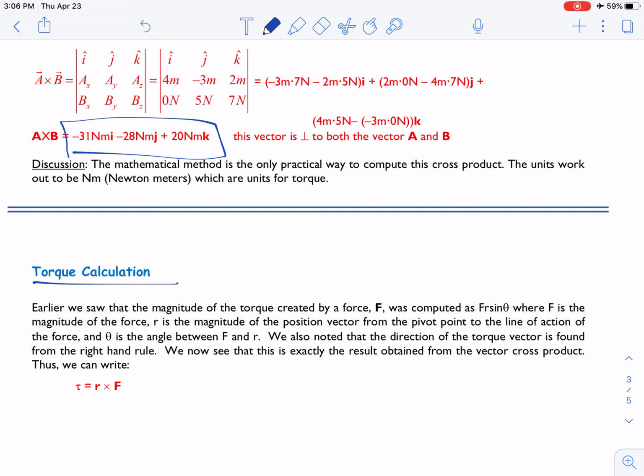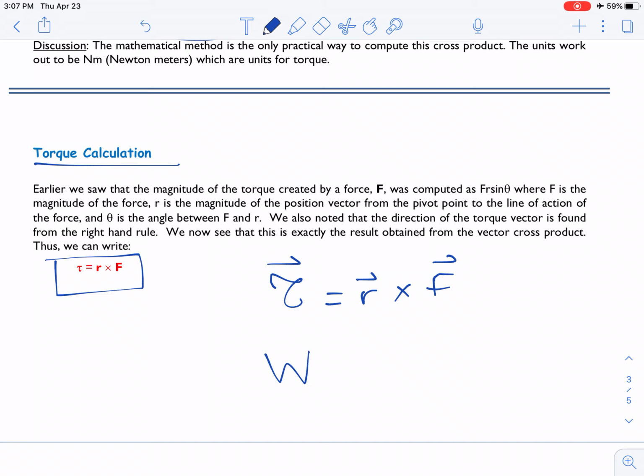Okay, and now we see that this is exactly the result obtained from the vector cross product. So we can write torque is R cross F. When I write it, I write it this way, instead of bold letters, I put the arrows on top. Okay, I want you to realize the work term was similar, but it was F dot D. So D dot F is the same thing, so it doesn't change, but you need to show what type of multiplication you have, and you can even call D the R vector.